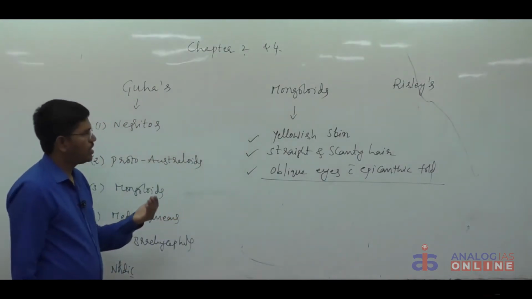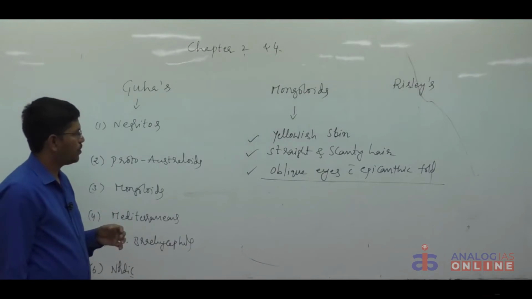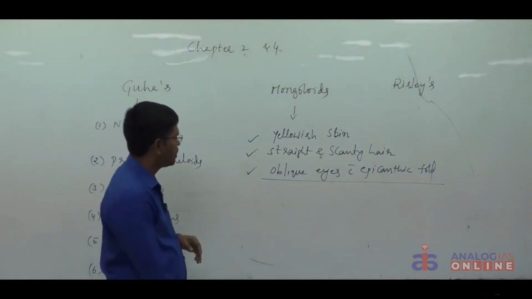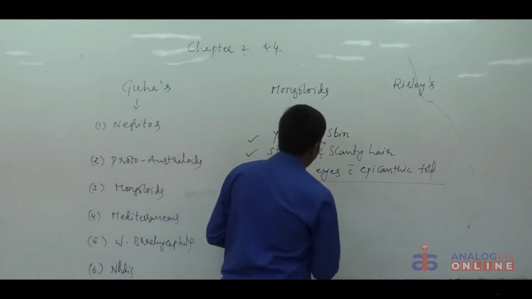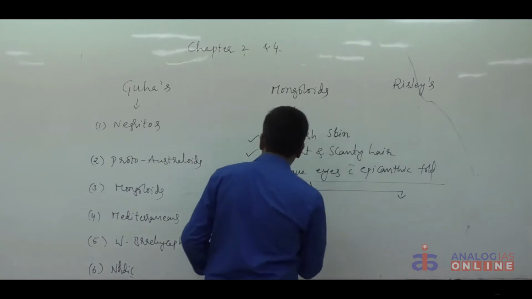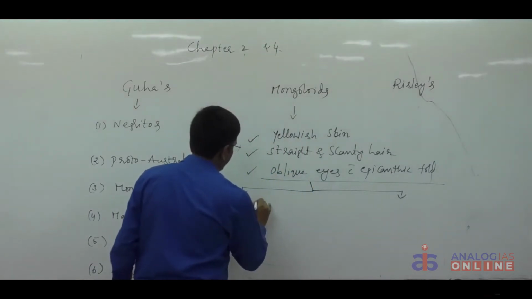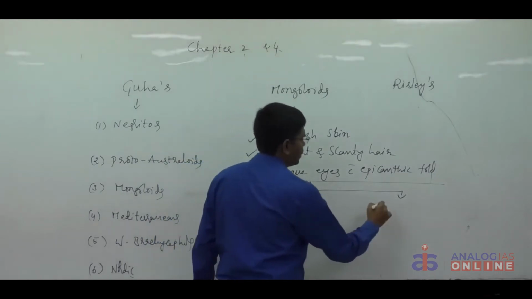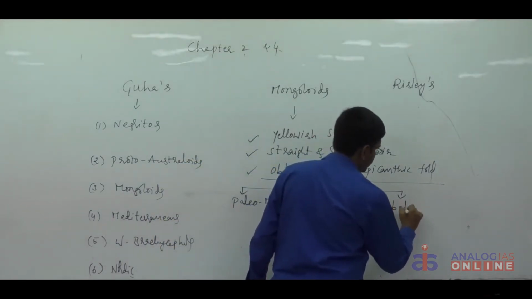Actually, Mongoloids entered into India through different routes and at different points of time. That's why the Mongoloids are again divided into two groups. They are Paleo-Mongoloids and Tibeto-Mongoloids.